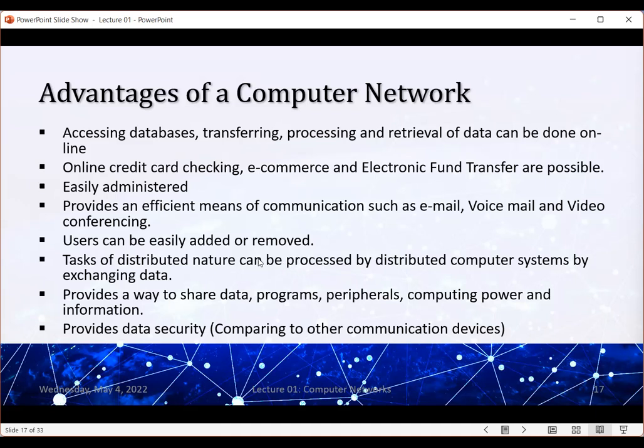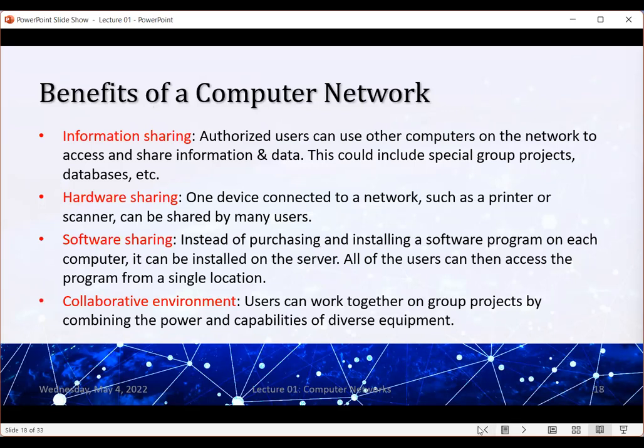And also, the users or the network devices, we can add and remove anytime. And also there's a path to send the information, so we can apply security mechanisms to protect the information. Likewise, we can have several benefits from a computer network.